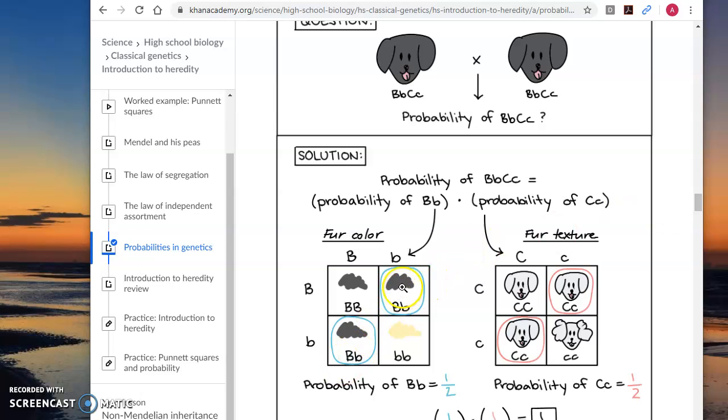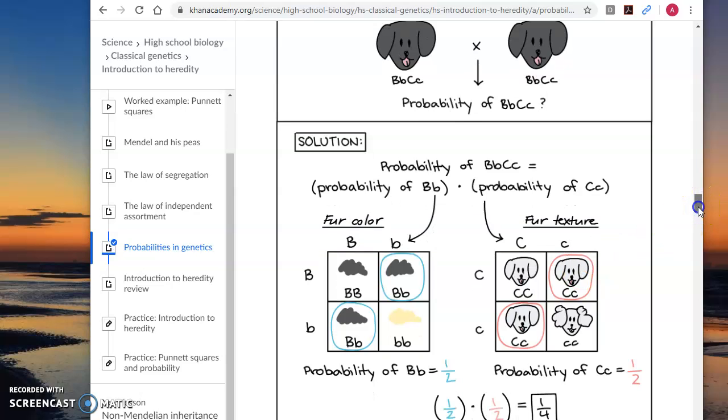Right? 1/2 of the offspring will be black with the heterozygous genotype. And over here, you have half of your offspring being heterozygous as well.